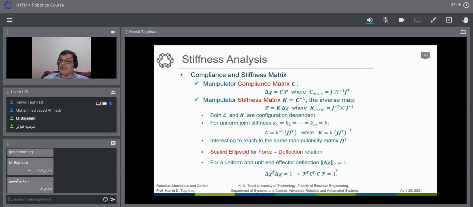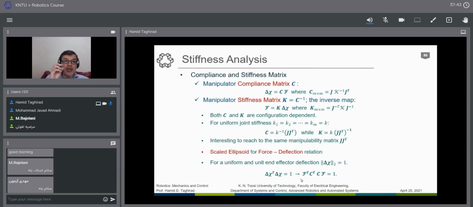The same thing can happen here with another approach in terms of the relation between force and deflection. Now, we say that this force ellipsoid, or the scaled force ellipsoid, can be considered if we have norm 2 of delta equal to 1. How much would the forces be?